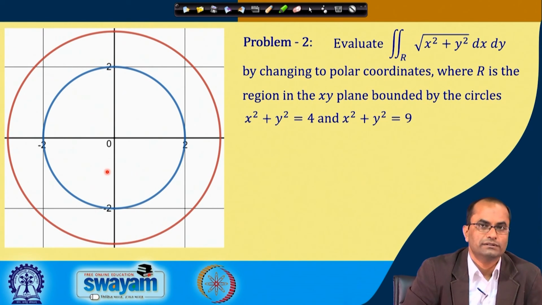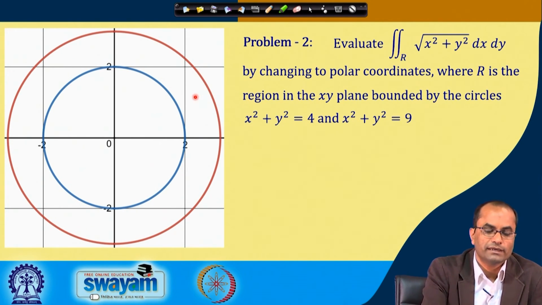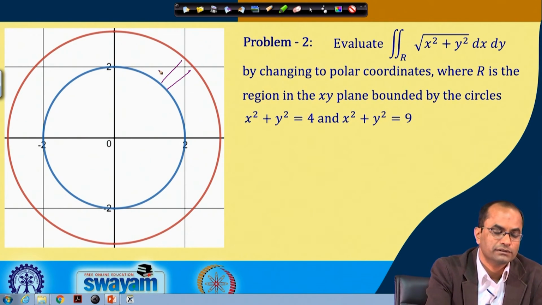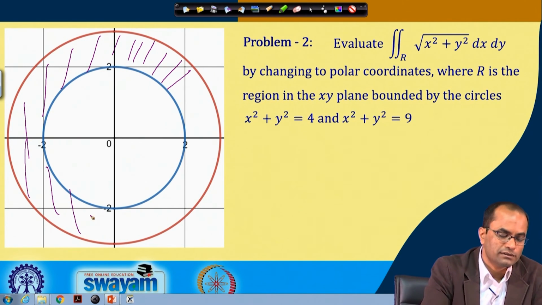So, again certainly in this case changing to polar coordinates will help us because of the integrand as well as because of the region, which is bounded by these two circles.